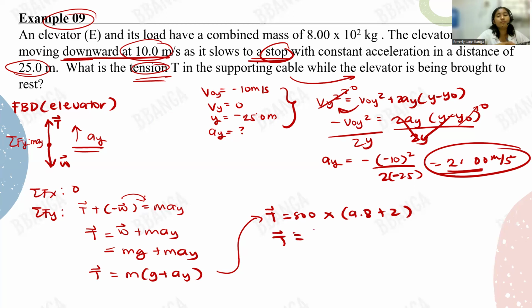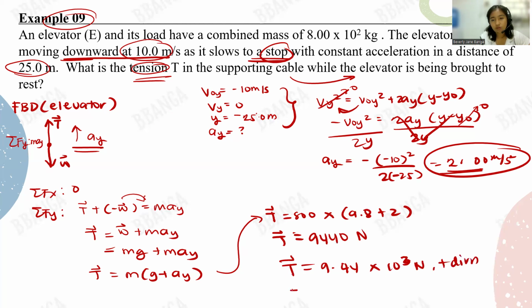So this will give us 9440 newtons, where tension is equal to 9.44 times 10 raised to 3 pala. 3 newtons to the positive direction.